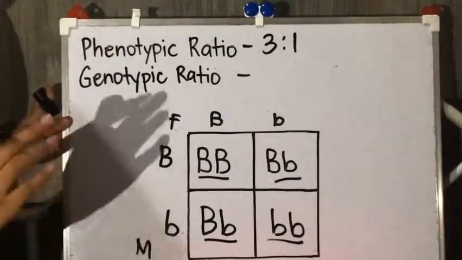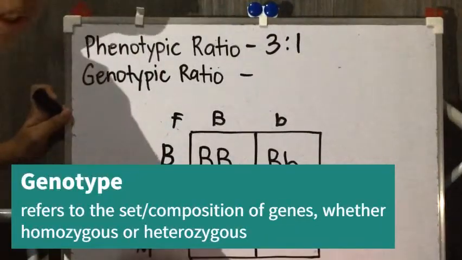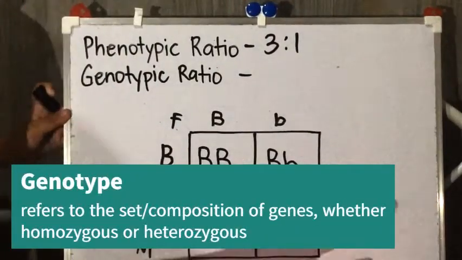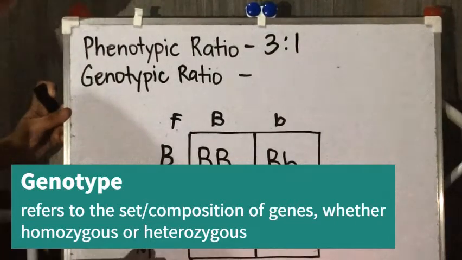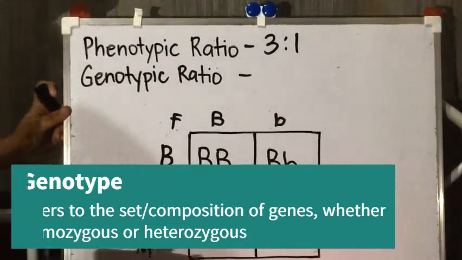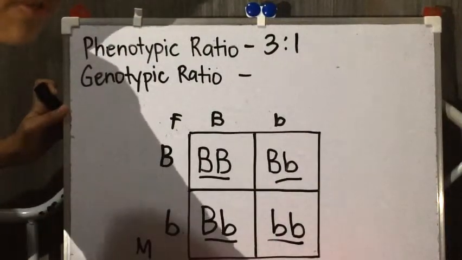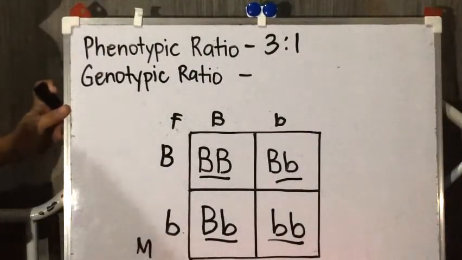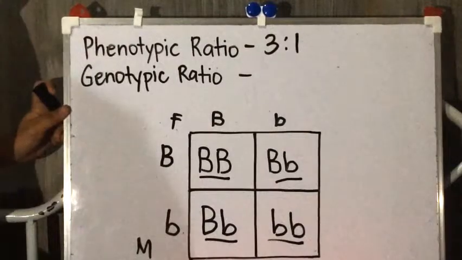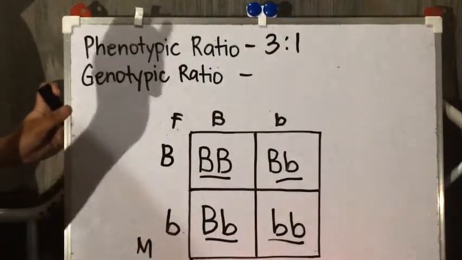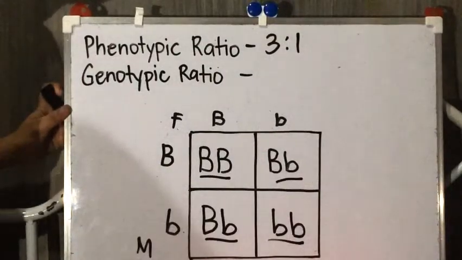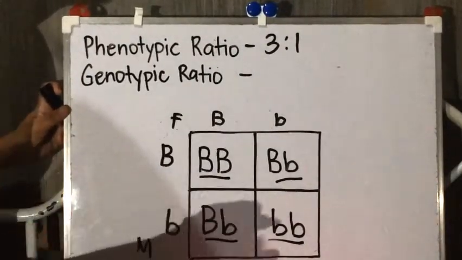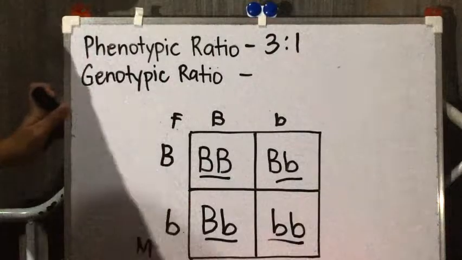Next is the genotypic ratio. The genotype refers to the set or composition of genes, whether it is homozygous or heterozygous. Again, homozygous means the same set of alleles or traits, so either parehas capital or parehas small letter. And if it's heterozygous, one is capital and one is small letter.